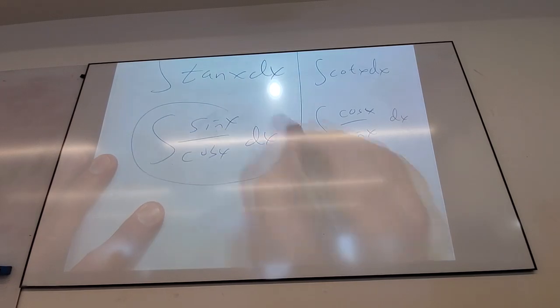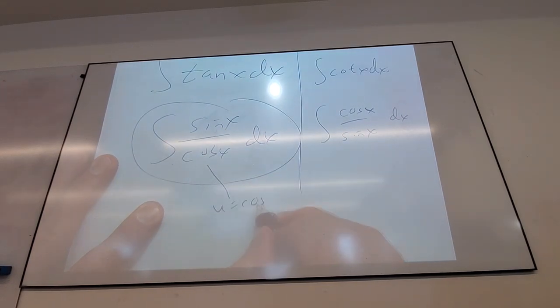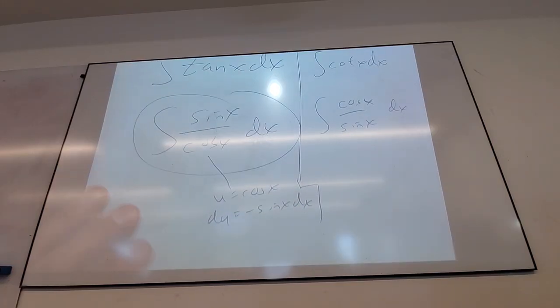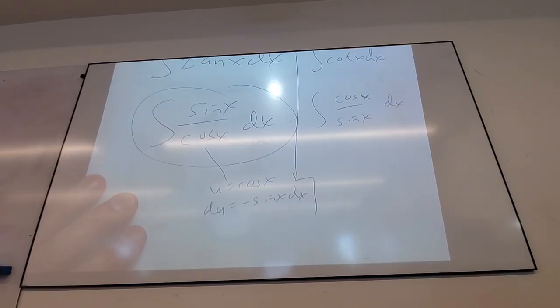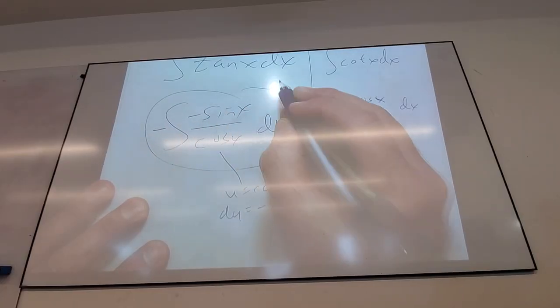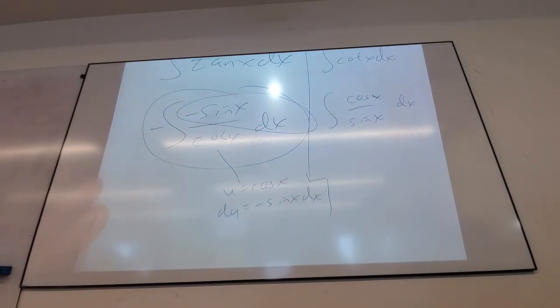On this one, if I let u equal cosine, the derivative is negative sine. Am I missing something? A negative sign. So negative, negative, now I have du, don't I?